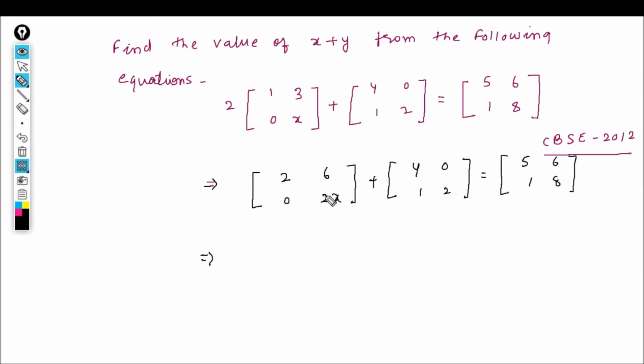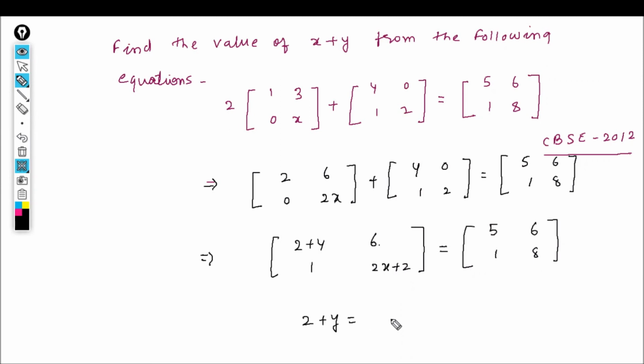So this implies now adding corresponding elements. It will be 2 plus y, 6 plus 0 is 6, 0 plus 1 is 1. This will be 2x plus 2. 5 6 1 8. Now equating corresponding elements. 2 plus y is equal to 5.